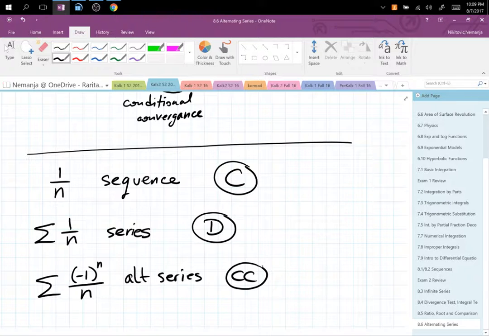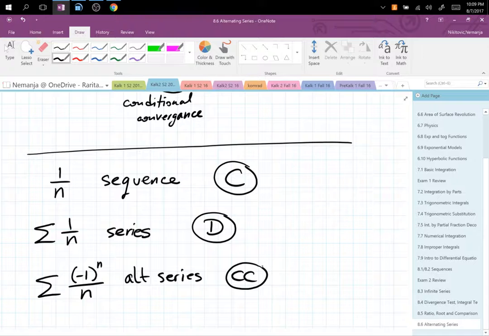How many tests do we have for sequences? We have only one test for sequences, which is you take the limit, and it converges or diverges. That's it. Maybe you want to add that to the sheet on top. The only test for sequences is the limit as n goes to infinity, because that is it for sequences. A sequence is the a_n sequence, with commas.